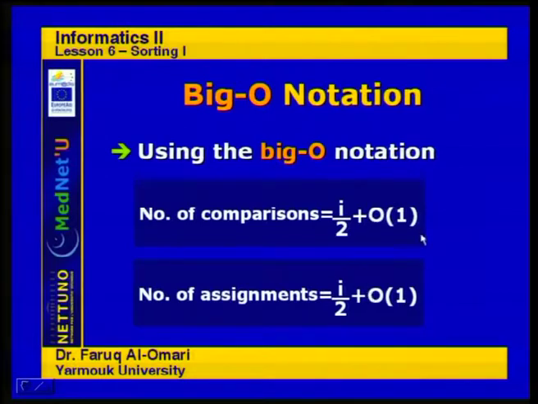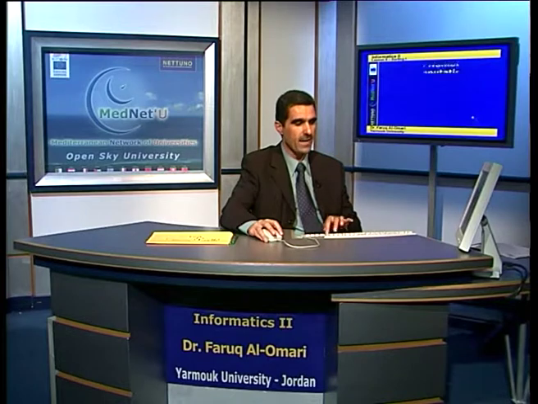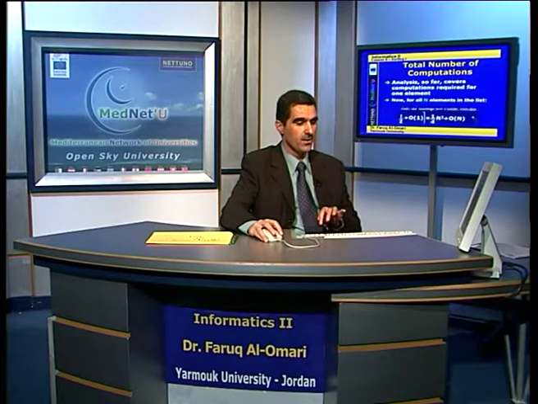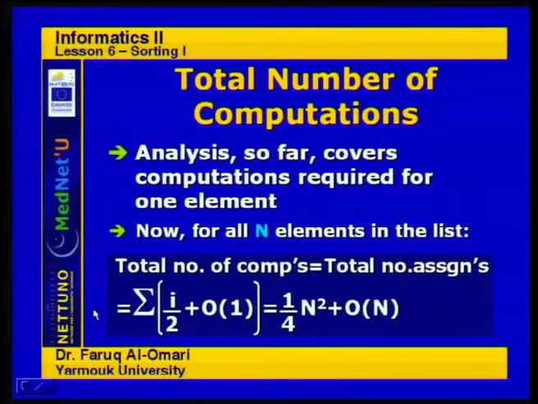They only differ in this least significant term. So based on that, the total number of comparisons is going to be the sum of the number of comparisons for one entry, generalized for all entries. So the sum goes from I equals 1 to n, all entries in the list.